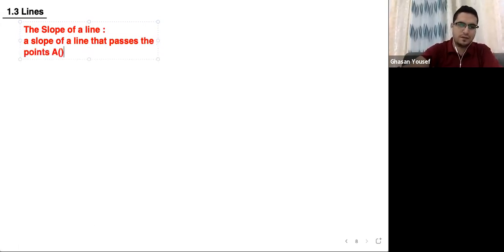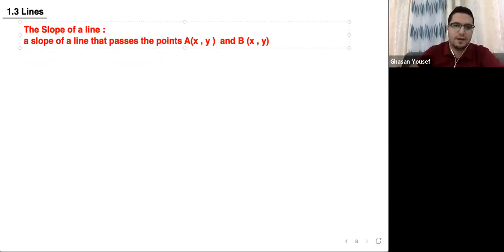The first point is A, (x1, y1), and the second point is B, (x2, y2). The slope is m. So suppose I have a line. This line is passing two points. The first point A is (x1, y1), and the second point B is (x2, y2).